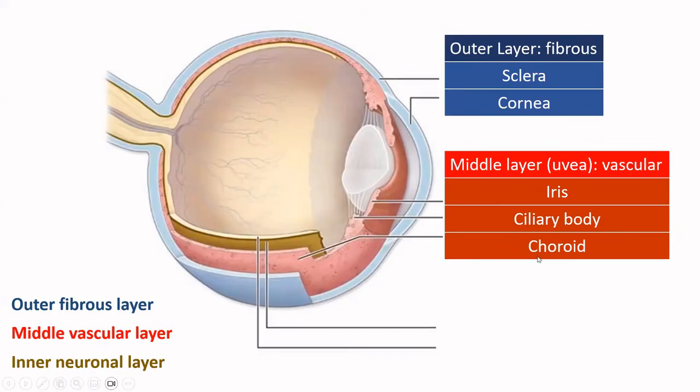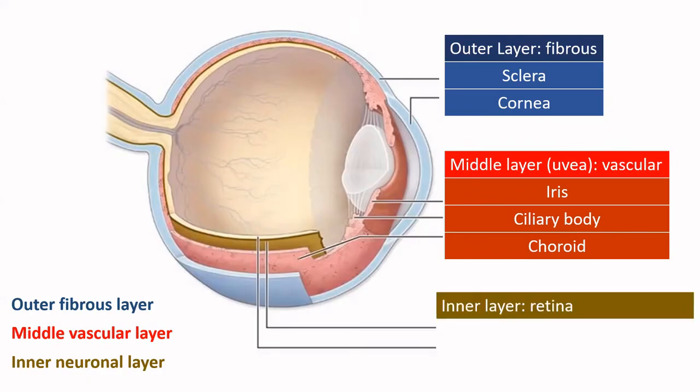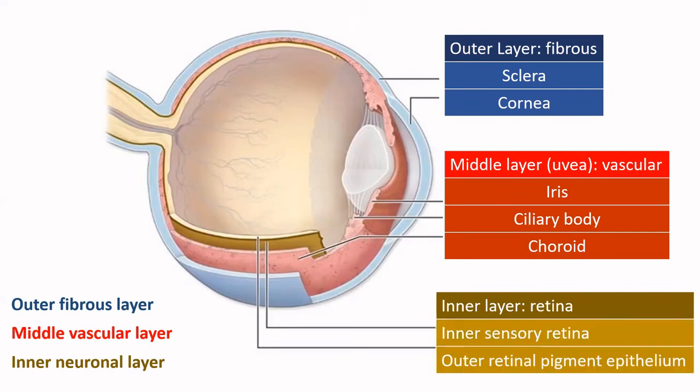And finally, we have the choroid layer, which is located along most of the eyeball and contains, as said, a lot of blood vessels. And then finally, we have the inner layer of the eyeball, the retina, which is composed of the inner sensory retina containing the photoreceptor cells and an outer retinal pigment epithelium.